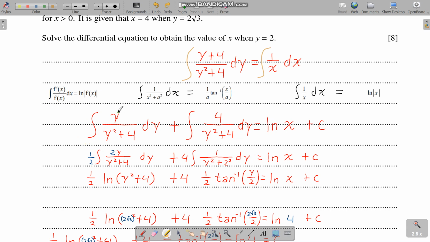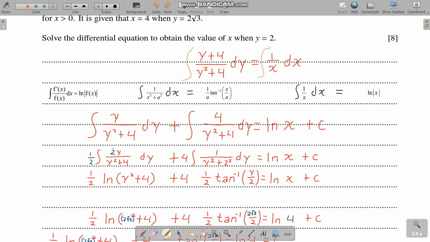Now for the y here, we can only use this formula if the numerator happens to be the exact derivative of the y squared plus 4. And the derivative of y squared plus 4 happens to be 2y, not y. So we gotta modify, be creative. You have to somehow make it the derivative, which is 2y.